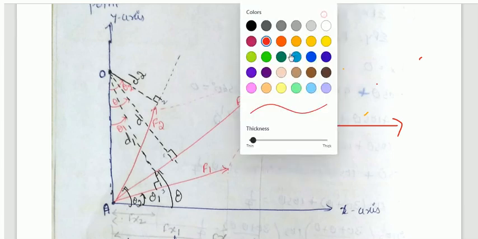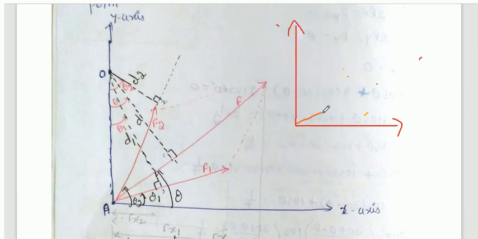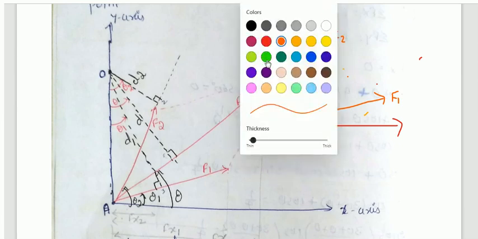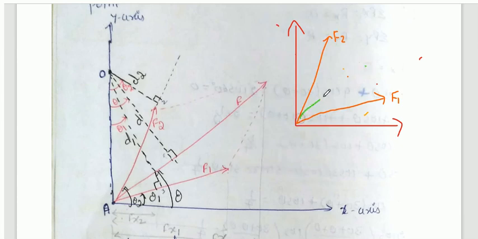In that we need to consider two forces, one force F1 and another force F2. F1 and F2 are the two forces acting on a body. Then the resultant of those forces is represented by F. The resultant of F1 and F2, let it be F. That has been considered here.